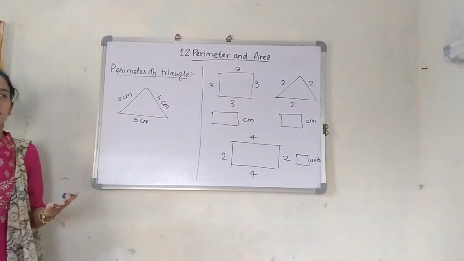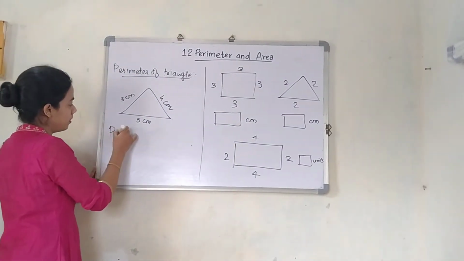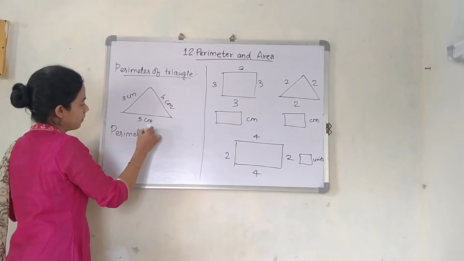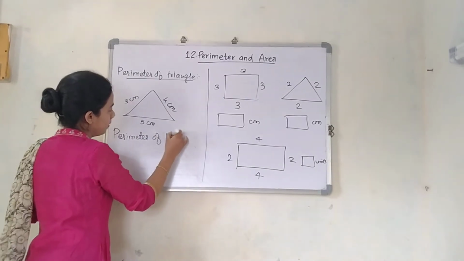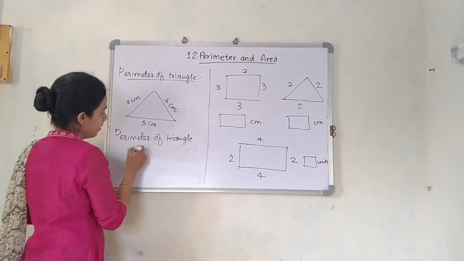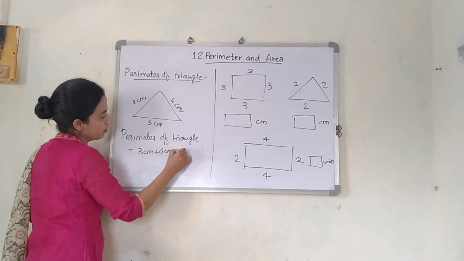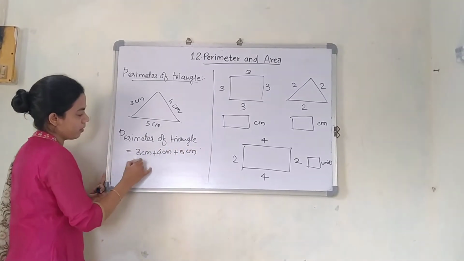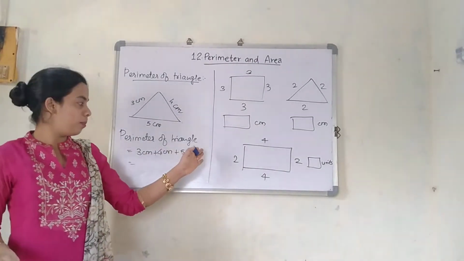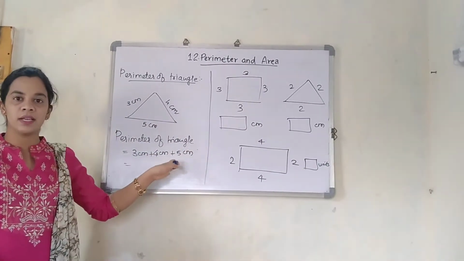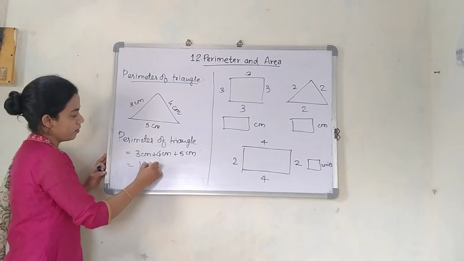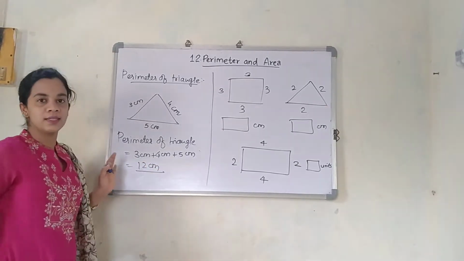So what will be the perimeter? The perimeter of triangle is equal to 3 centimeter plus 4 centimeter plus 5 centimeter. 3 plus 4 is 7, 7 plus 5 is 12 centimeter. So the addition is 12 centimeter.